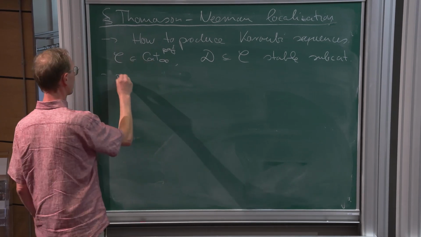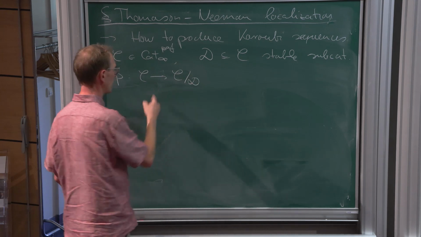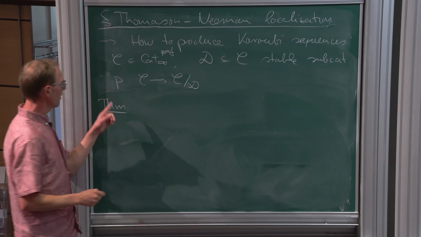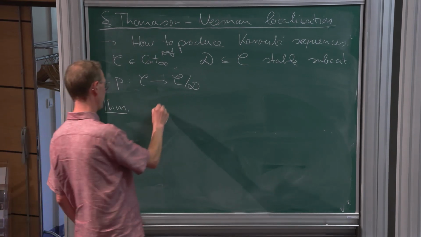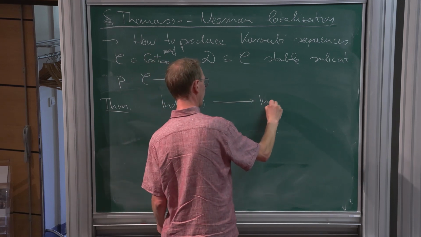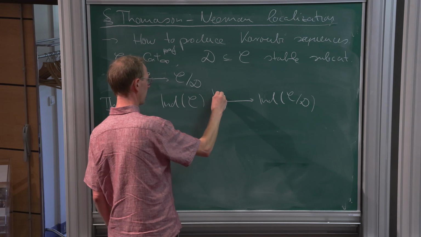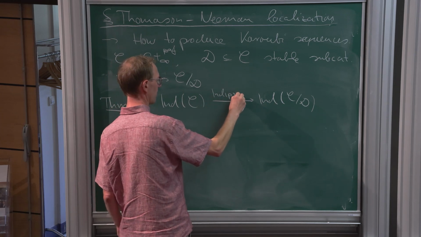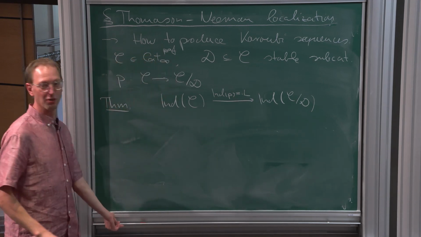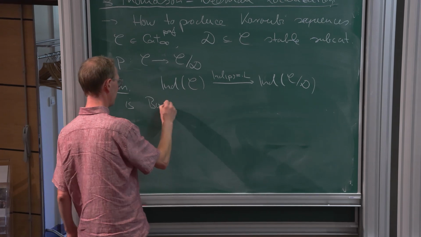Let's call this canonical functor from C to the Verdier quotient P, from C to C mod D. And then the theorem is that if we pass to Ind-completions here, so Ind of C to Ind of C mod D, that's the Ind-completion of this functor P, and this will also be called L, because it's a left adjoint. So this is a so-called Bousfield localization.